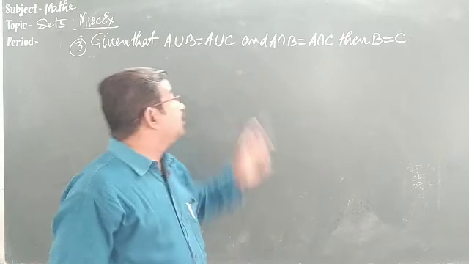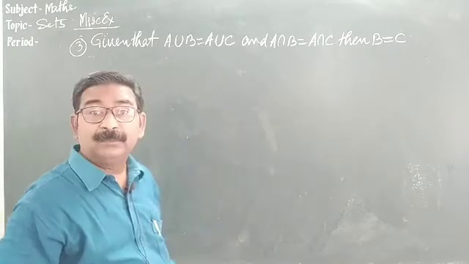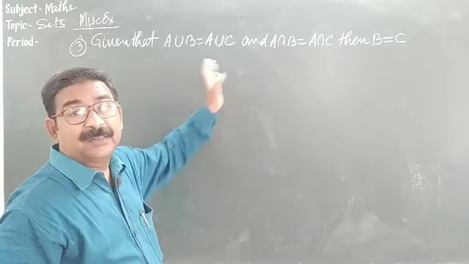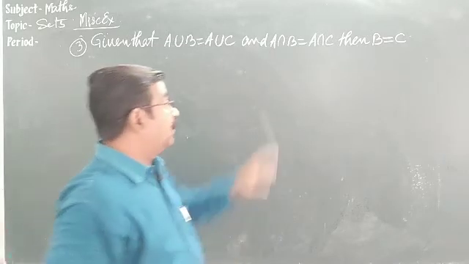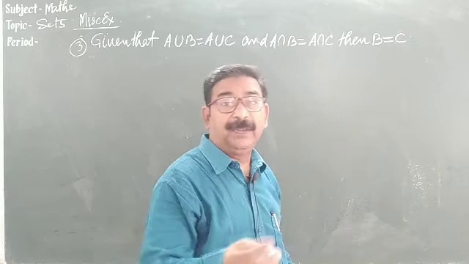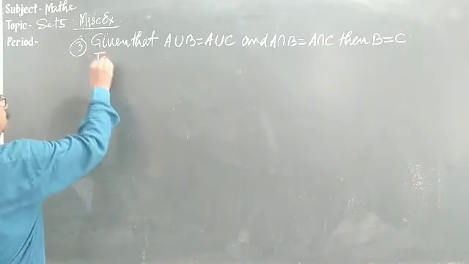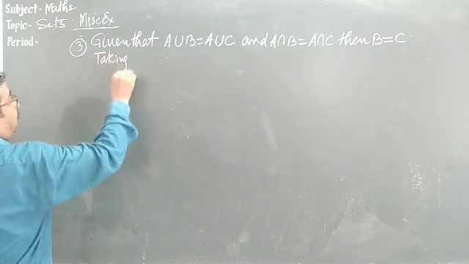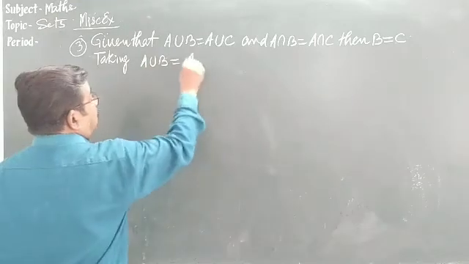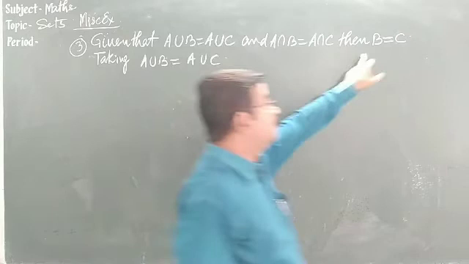If we take union condition, we prefix intersection of B, because we have to prove B is equal to C, and then prefix intersection C. If you take intersection condition, prefix union of B and union of C. So I am taking A union B is equal to A union C. So we have to prove B is equal to C.